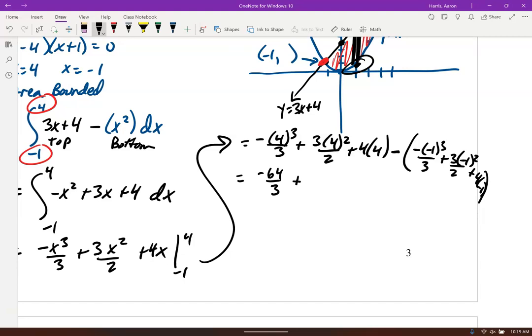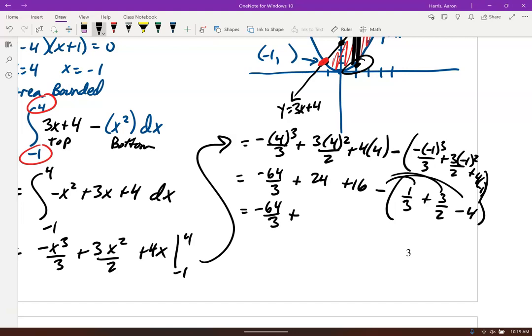Let's see, 3 times 16, 48 over 2. So that'd be a minus, that'd be a negative times a -1/3. So it's a positive third. That's a 3/2. So -4. So all those are going to change.